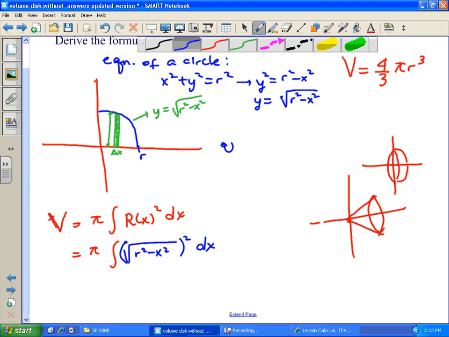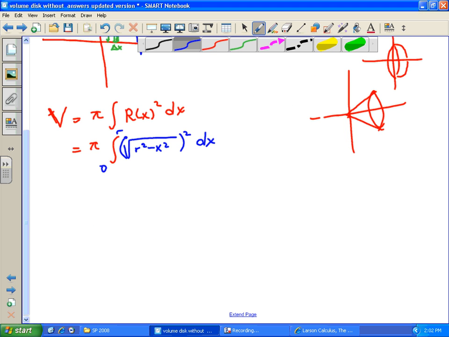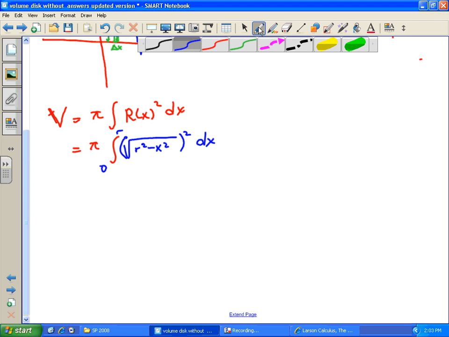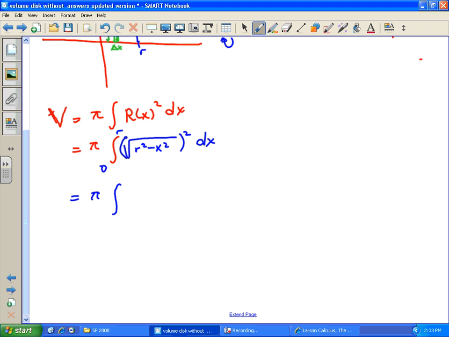How about the limits of integration? 0 to r, right? Because we're starting at 0, going all the way to r on the x-axis. Okay, let's square that quantity and simplify it a little bit. So this is pi times the integral of, well, we just lose the square root when you square it.